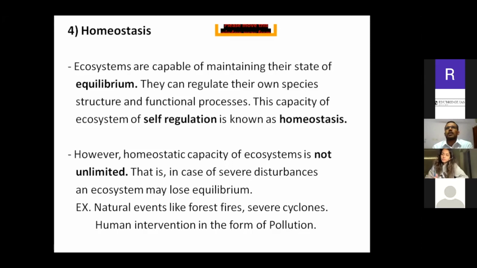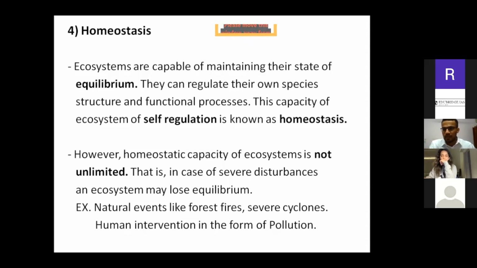For example, if we have introduced a grass which is not familiar to Nilgiris, and if that grass is using up the resources available in the Nilgiris biosphere reserve in an excessive amount, then the naturally occurring species of plants and animals will not be able to use those resources because of the invasive grass species, right? Human intervention can be an example too of autogenic.